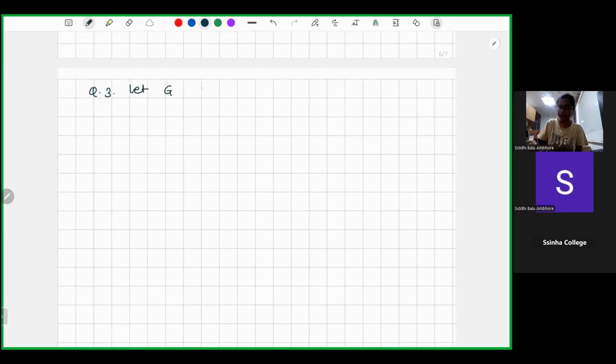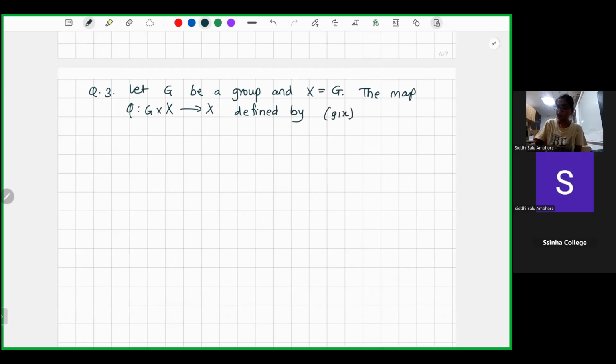Let G be a group, and again my X is G. The map phi from G cross X to X defined by (g, x) going to g inverse x is, we have to choose which of the following statements is true.